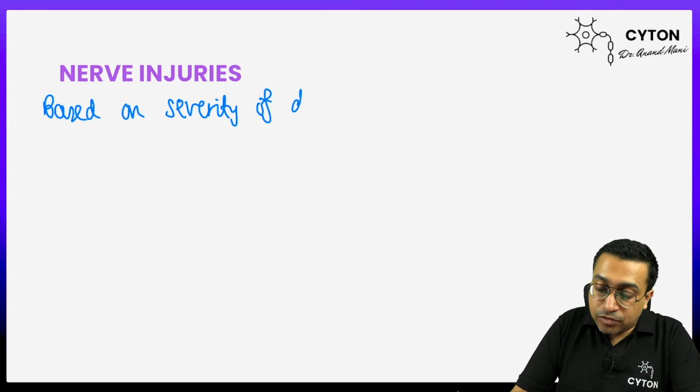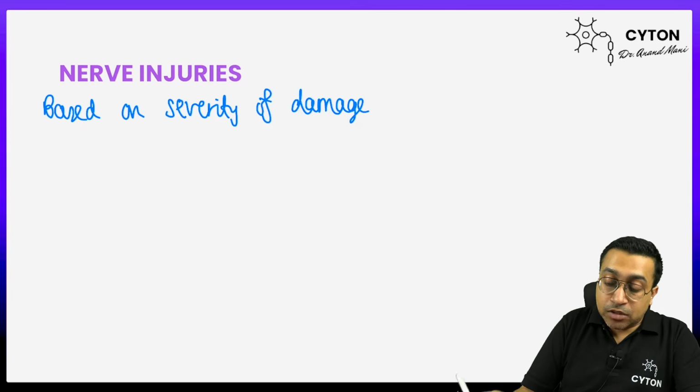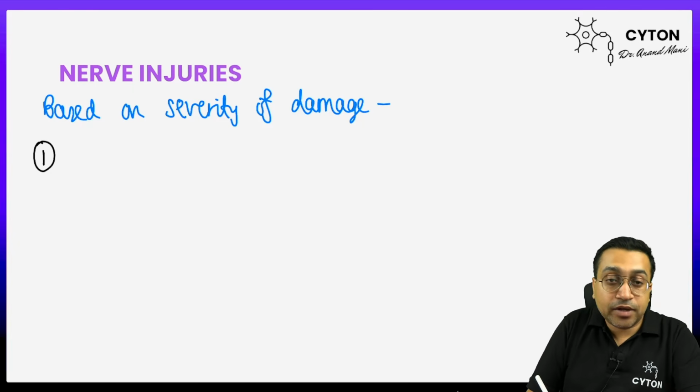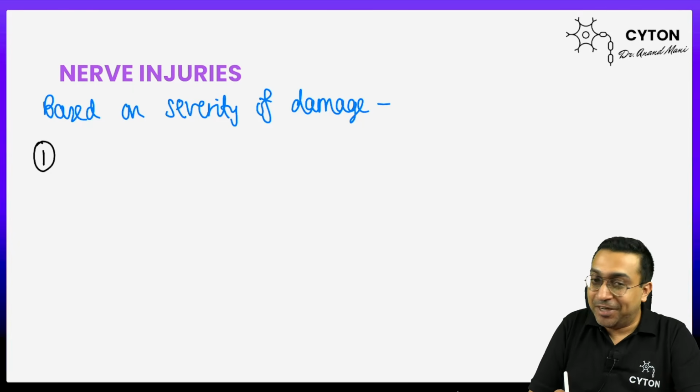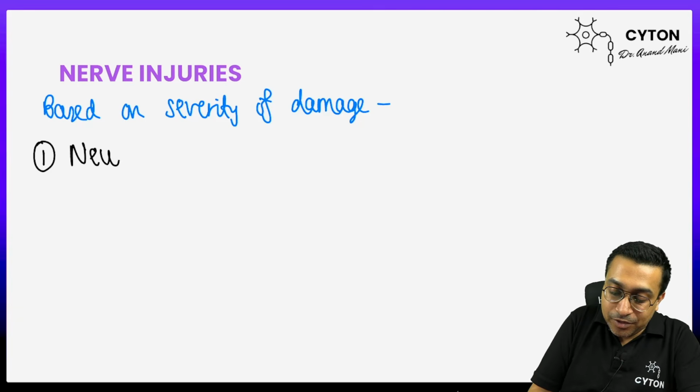Based on the severity of damage, the nerve injuries are classified as number 1, neurotomesis. Please see the spelling, they are very tongue twisters.